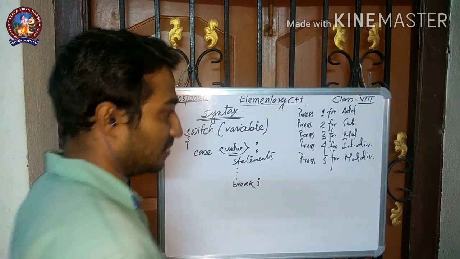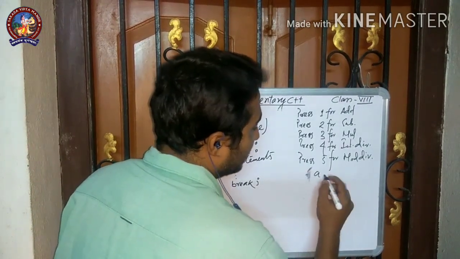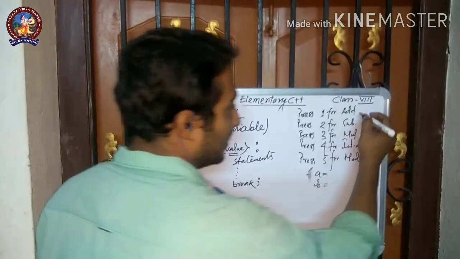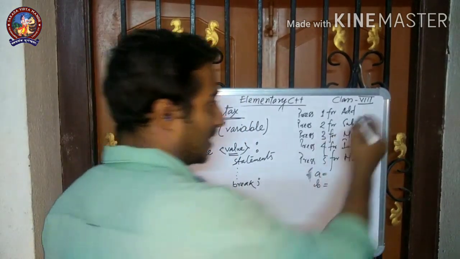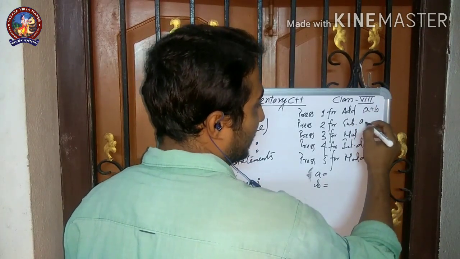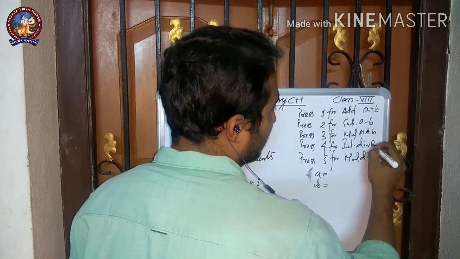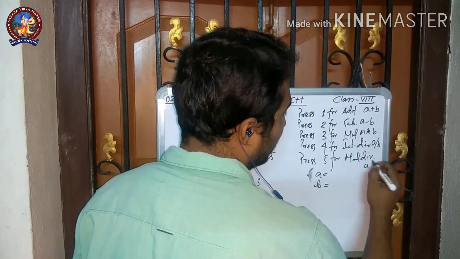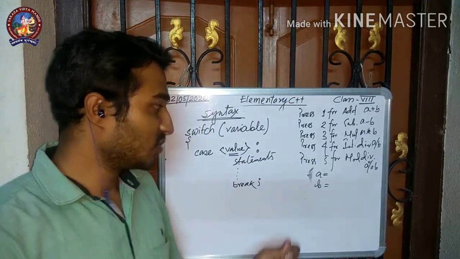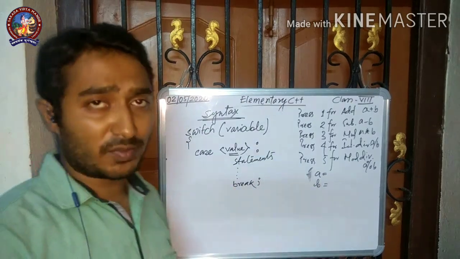The user will give some input, like in a variable A the value will be given, in a variable B the value will be given. Then if we press 1, A plus B will be displayed, otherwise A minus B, then A multiply B, then A divide B, and then A modulo B. This can be done using if-else statements, but it will be a very long program.